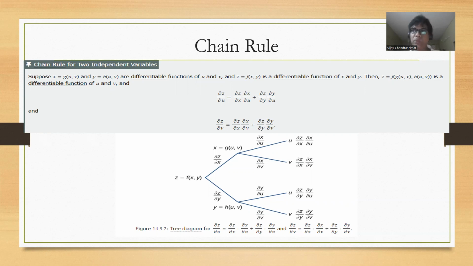Right? That's one way to look at it. So U and V, of course, are independent variables. You have two functions, X equal to G of U, V, Y equal to H of U, V. And of course, you have a Z, which is a function of X, Y.